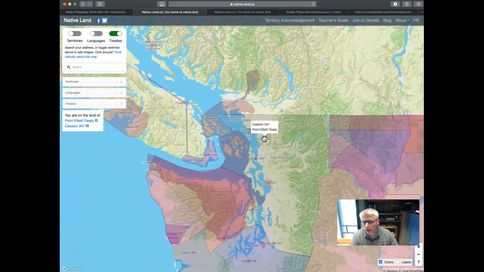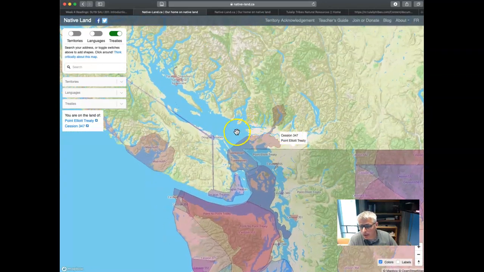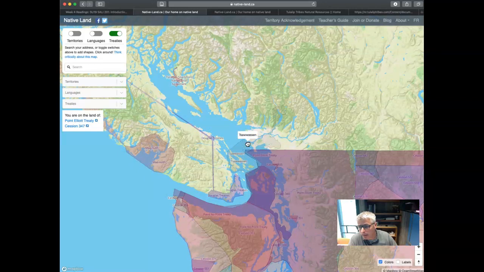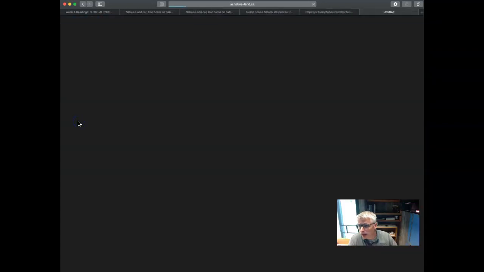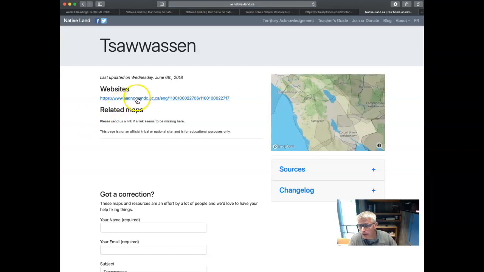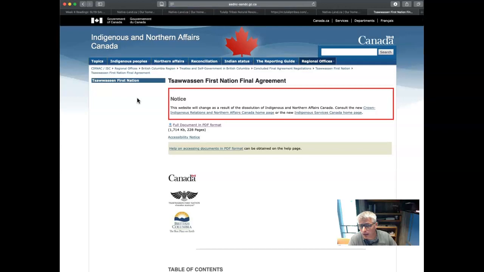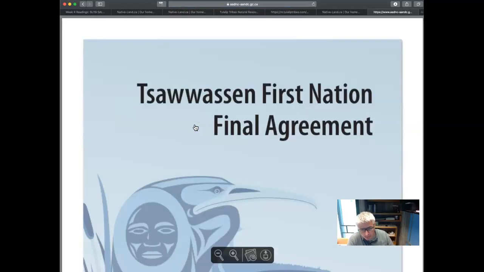If we compare that to Canada, we see the Douglas treaties, which were signed about the same time. But we also see the Tsawwassen Treaty. If you click on this area, it'll bring you to a few links that we can follow, and we can actually look at the Tsawwassen Treaty.